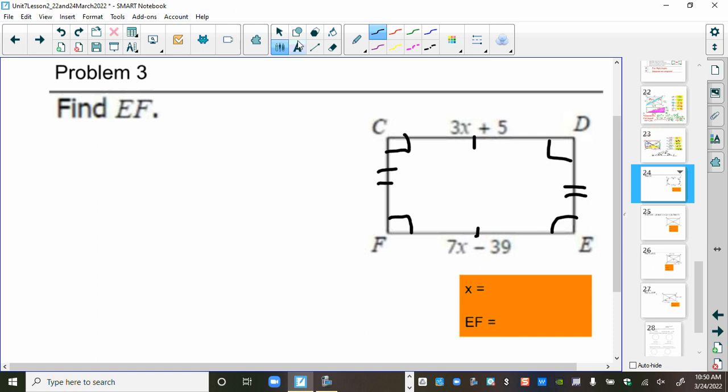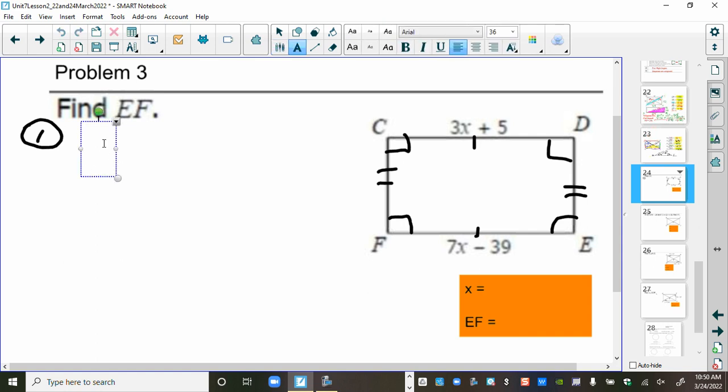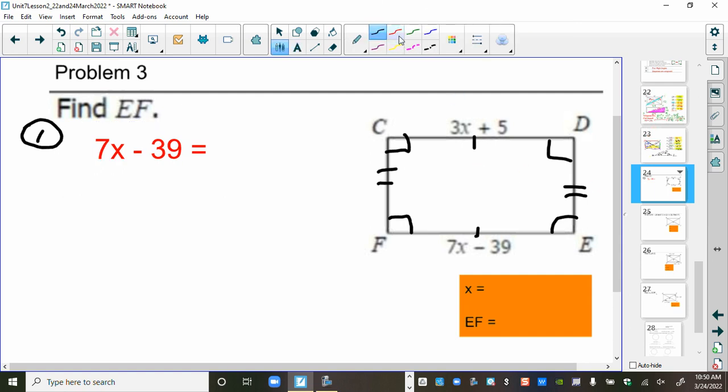So step 1, what do we know about these two sides? They are, somebody said it, they're congruent. So that means we said 7x minus 39 to equal what expression? 3x plus 5, because they're equal to each other.